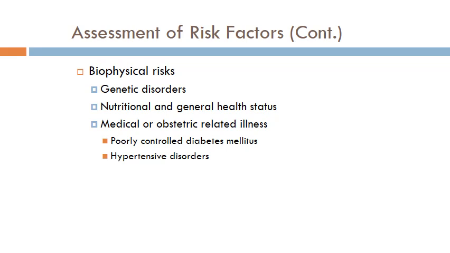Nutritional status, these are conditions that influence the nutritional status, such as young age, 3 pregnancies in the previous 2 years, tobacco, alcohol, or drug use, inadequate dietary intake because of chronic illness or food fads, inadequate or excessive weight gain, and a hematocrit value of less than 33%. And then we have medical or obstetric related illnesses such as poorly controlled diabetes or hypertensive disorders.